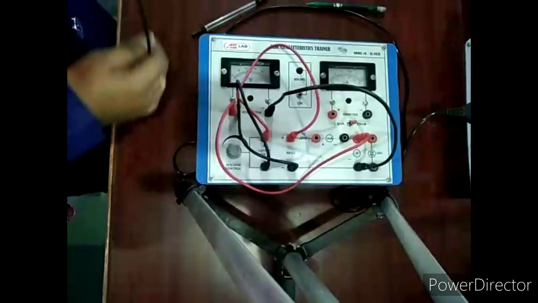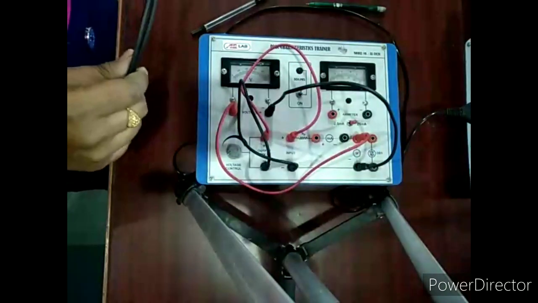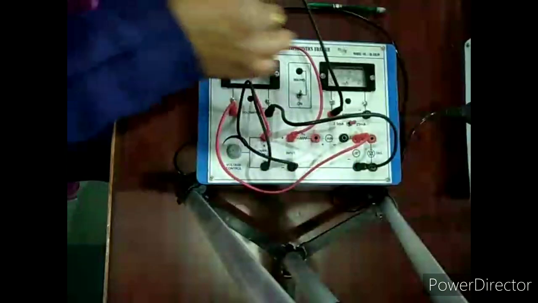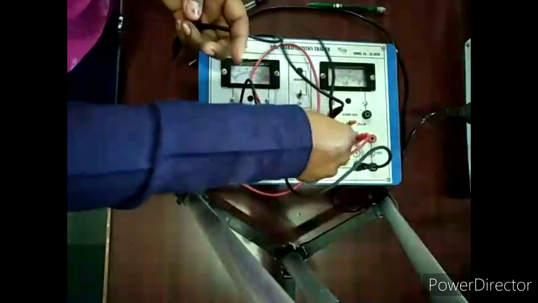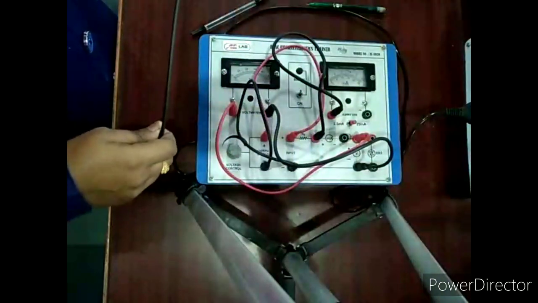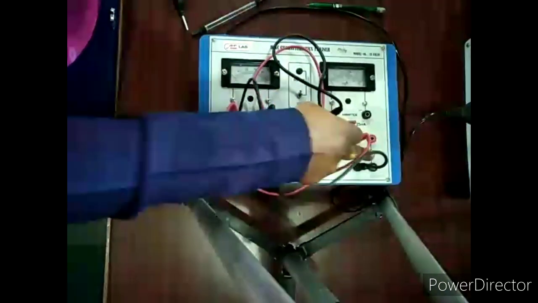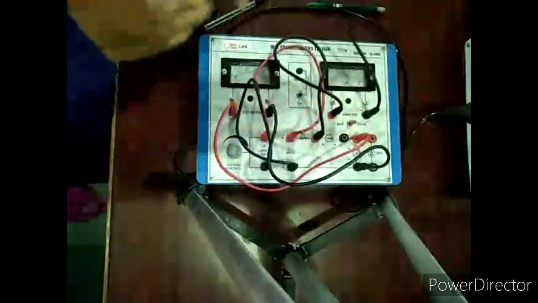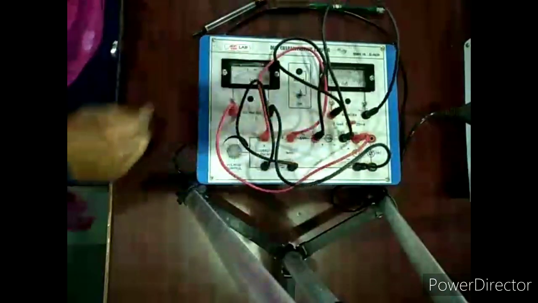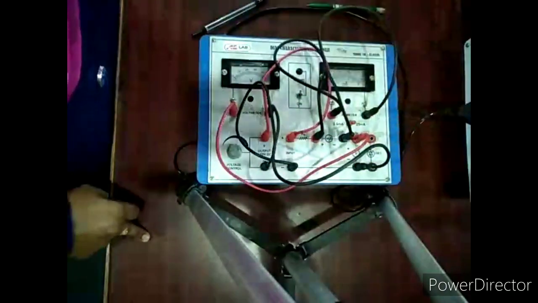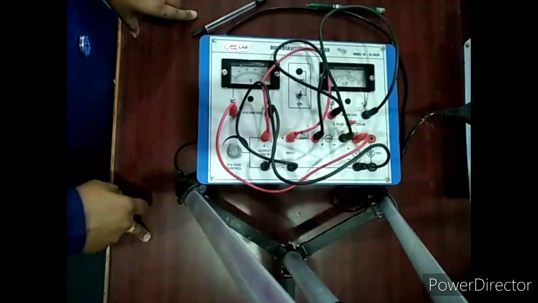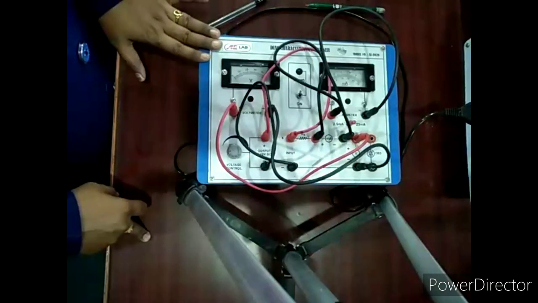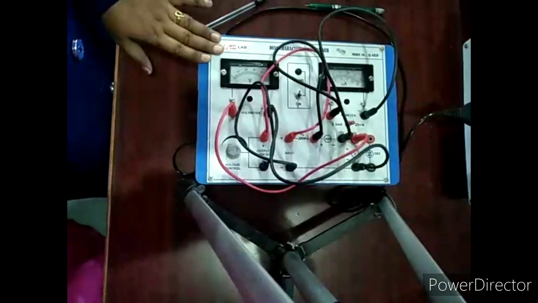Now we connect the milliammeter in series with the diode circuit, with its positive and negative terminals connected accordingly. Next, we perform the experiment for forward conduction mode.